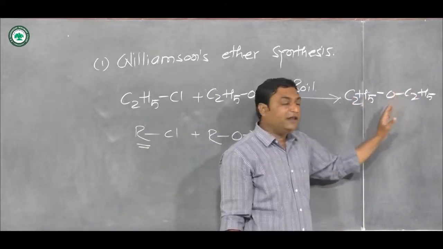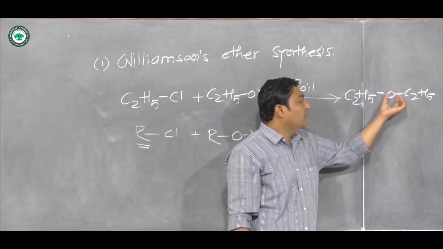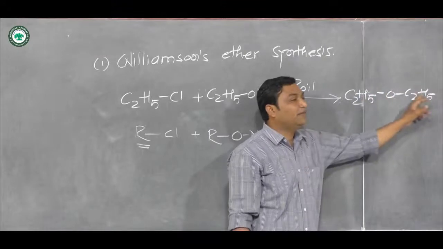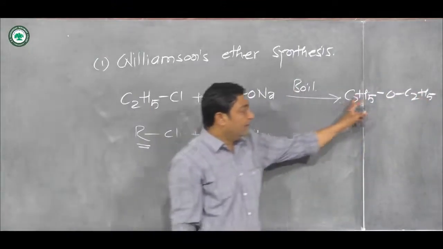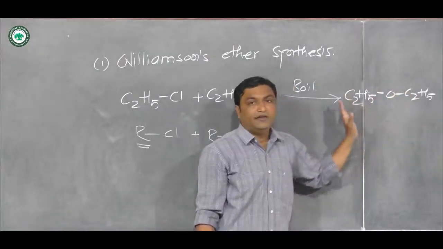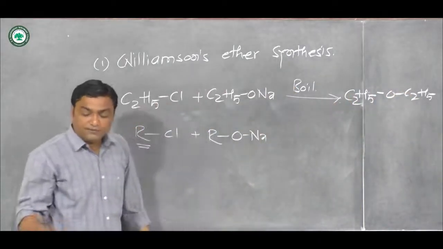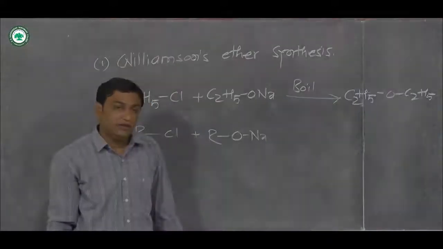In symmetrical ether, both the alkyl groups present on both sides of this oxygen atom are the same, while in the case of unsymmetrical ether, these two alkyl groups will be different. Now we have to take an example of the formation of unsymmetrical ether.